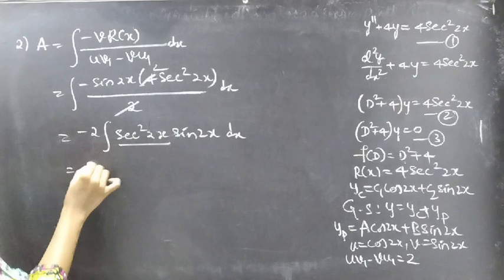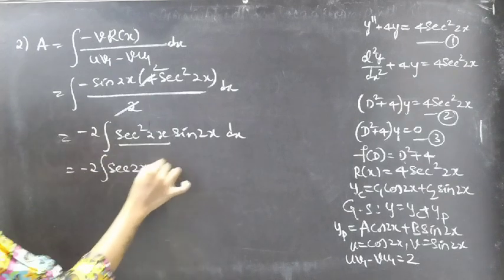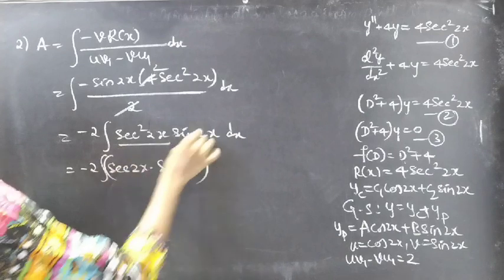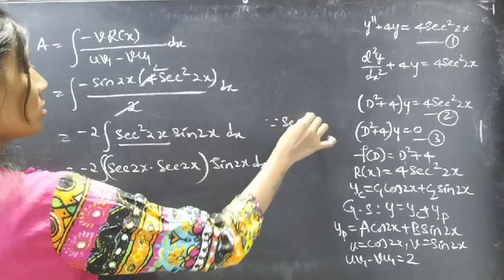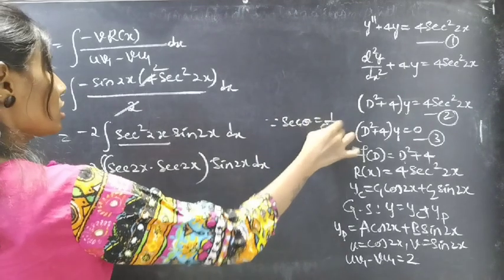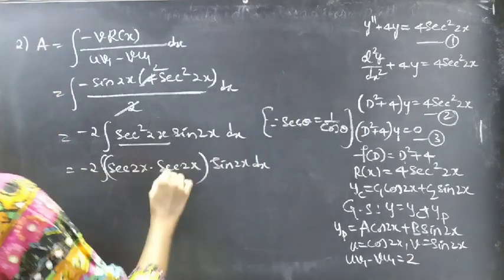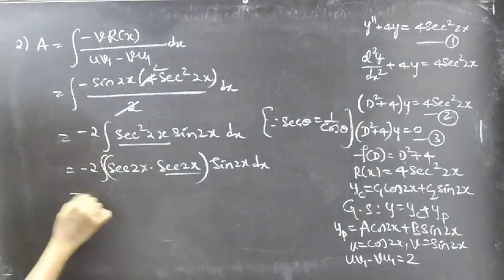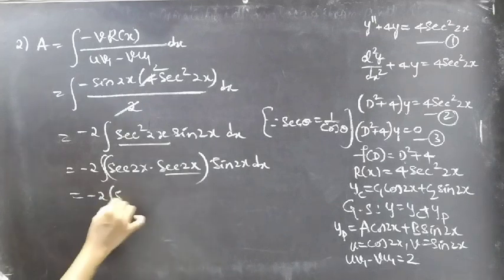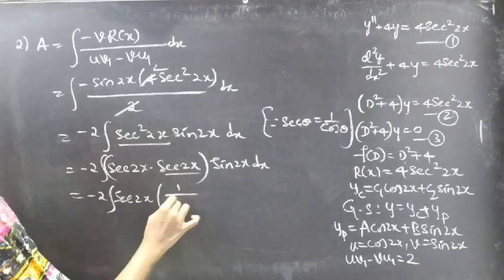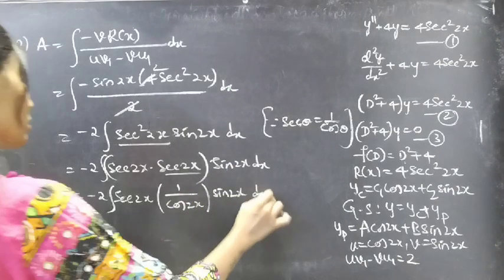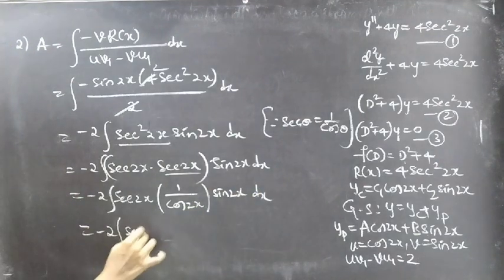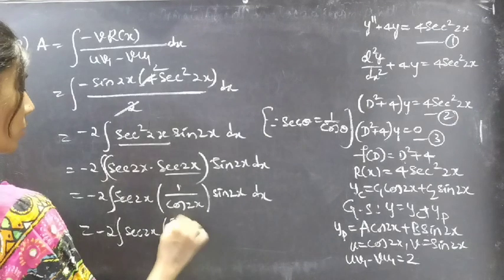We can write secant square 2x as secant 2x into secant 2x into sin 2x dx. Since we know that secant theta is reciprocal of cos theta, we can replace one secant 2x with reciprocal of cos 2x, which gives us minus 2 integral secant 2x into 1 by cos 2x into sin 2x dx. This gives us sin 2x by cos 2x, right, which is tan 2x.